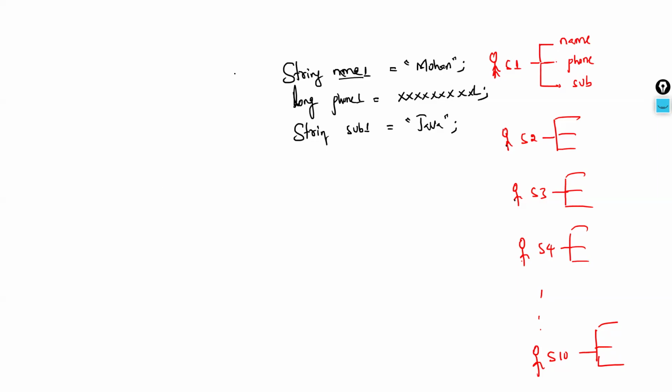When we store this data and JVM executes this line of code, will it be occupied in memory or not? Yes, it will be occupied. But even though I have 10 students' data, is there any guarantee that we will be using the data? No. Then unnecessarily the data is loaded into memory, it's unnecessary memory consumption.